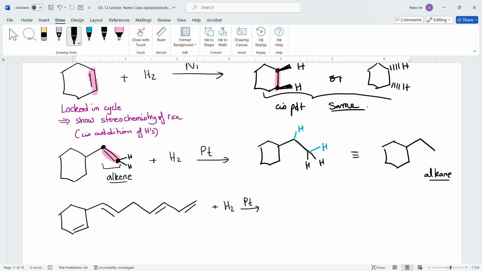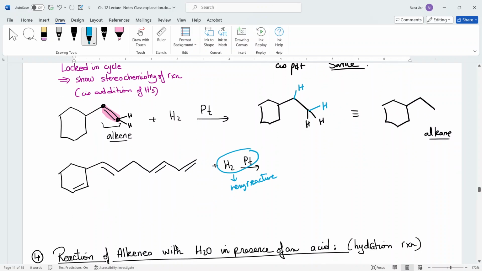Now, remember that with these reactions, hydrogen is very reactive when it reacts with a metal. What does that mean? It means that the hydrogen will react with every single double bond in the structure.